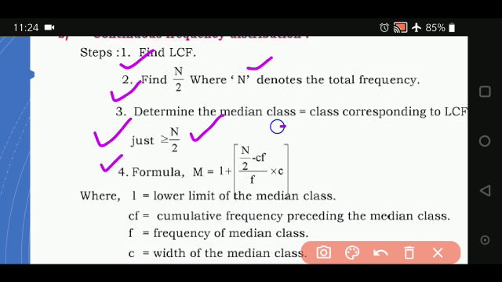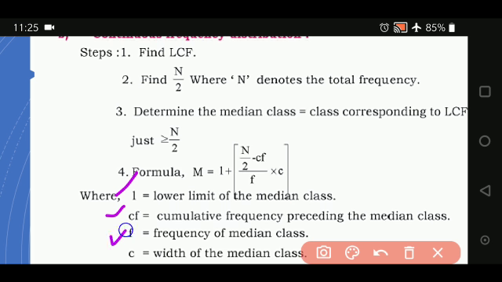Then you have to remember this formula: Median is equal to L plus ((n upon 2 minus CF) divided by f) into c. Now what are these terms? L is the lower limit of the median class, CF is the cumulative frequency preceding the median class, f is the frequency of the median class, c is the width of the median class. So for median, and that too for the continuous frequency distribution, this is the formula you have to remember.